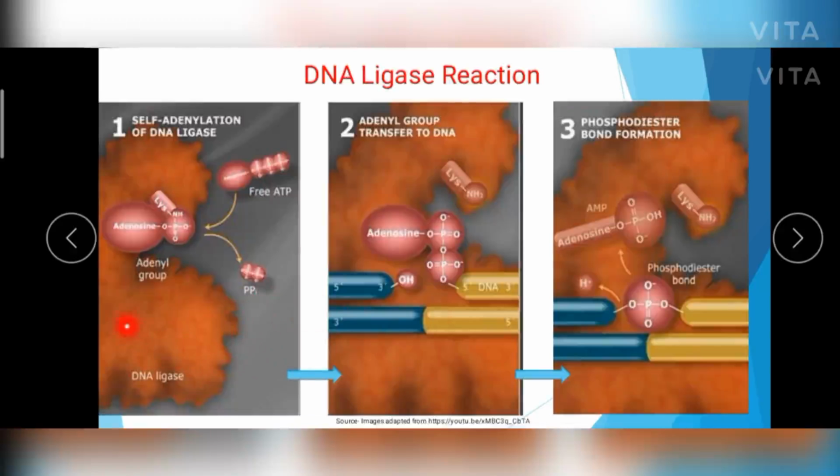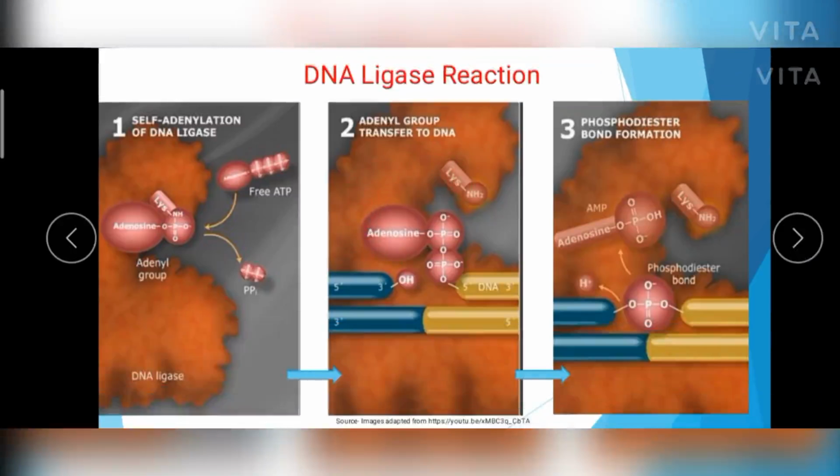The brown one is the DNA ligase enzyme, and in the active site of this enzyme there is an amino acid called lysine. When the cofactor ATP is broken down to AMP and pyrophosphate, PPi, the AMP goes and binds to the active site, that is to the lysine, by a phosphoamide bond to form the enzyme-AMP complex. So the first step involves the formation of the enzyme-AMP complex.